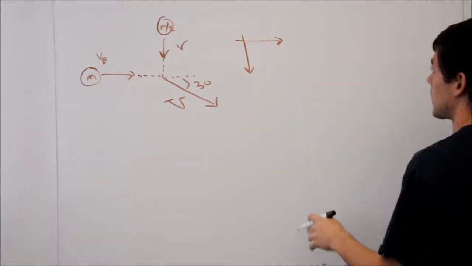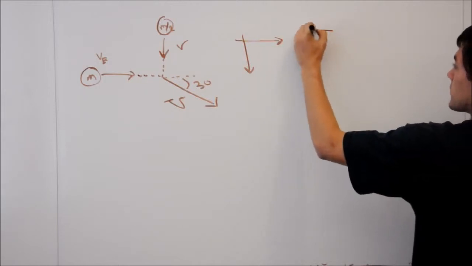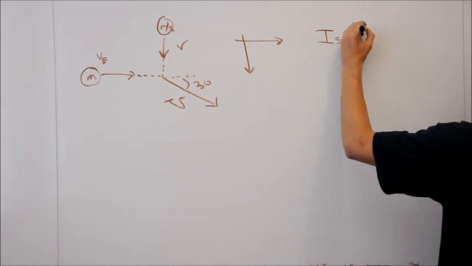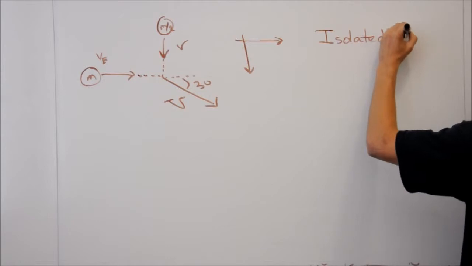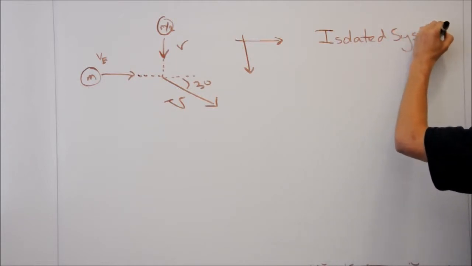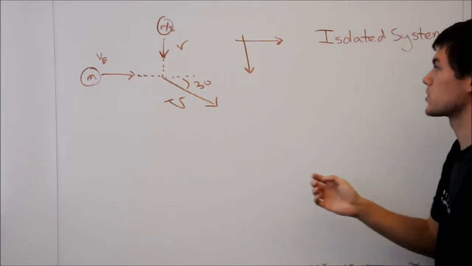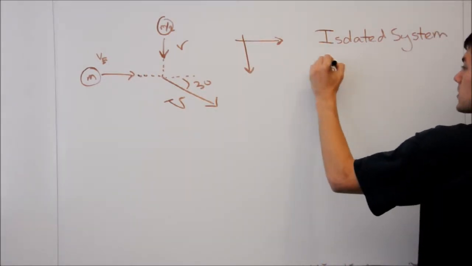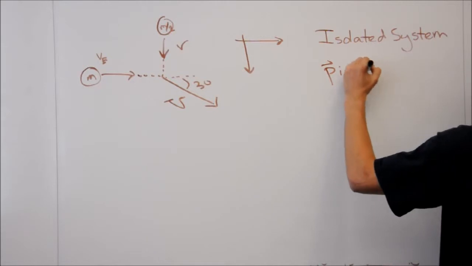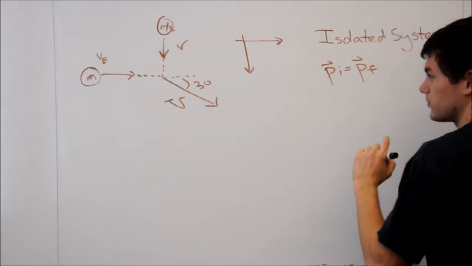So just like in the other two problems, the first thing we're going to note is that this is an isolated system. And again, what that means is that the two things are isolated and nothing is interacting with them, which means that momentum is going to be conserved. So Pi equals Pf.